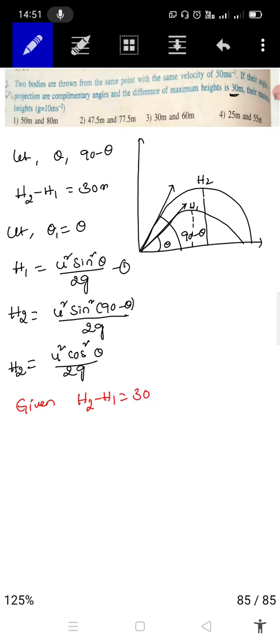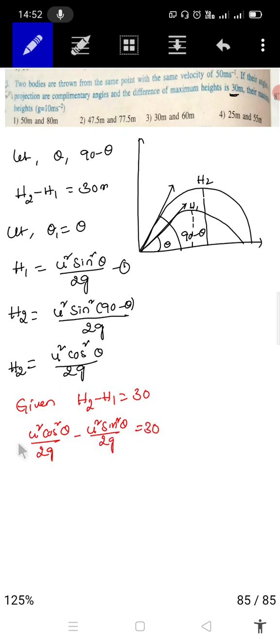So the h2 value, u square cos square theta by 2g, minus the h1 value, u square sin square theta by 2g, is equal to 30.